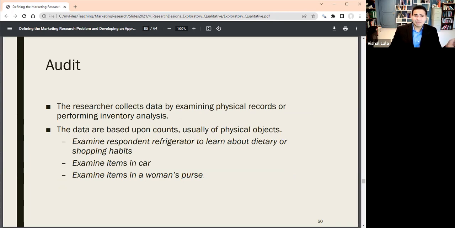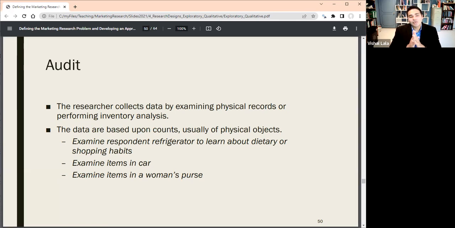There are other examples of qualitative observation methods also. One of them is an audit. An audit involves examining physical records or performing inventory analysis. Imagine examining items in a woman's purse or items in a car. Now, you must be wondering, how do you actually get a woman to empty her purse in front of you? Granted.